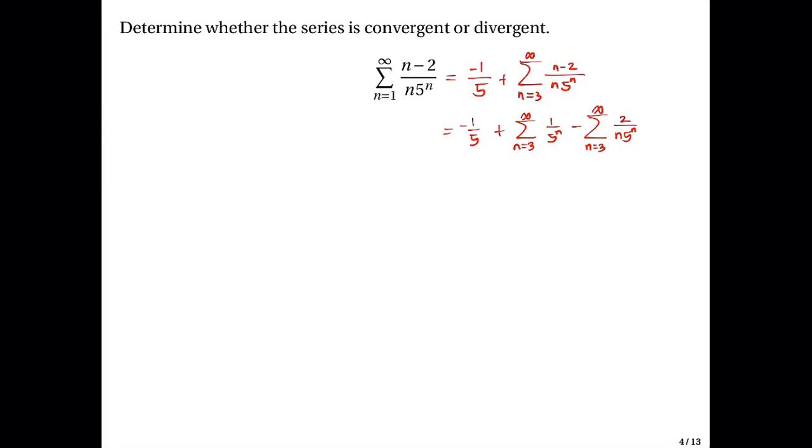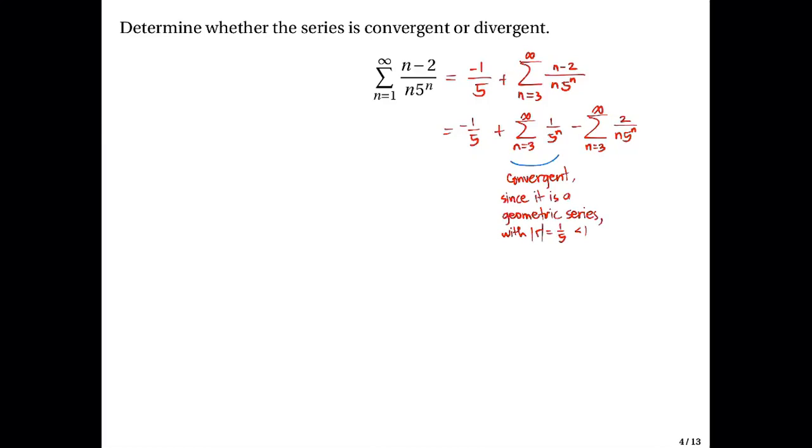So for this, you can say this is convergent because it is a geometric series with r equals 1 over 5, which is less than 1.